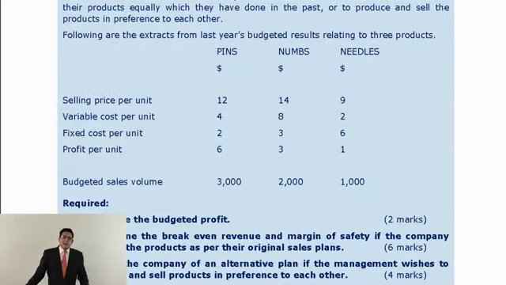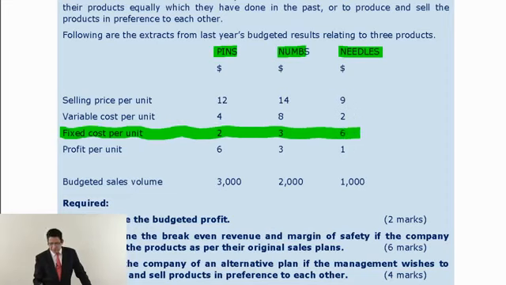Following are extracts from last year's budgeted results relating to 3 products. So here are the budgeted results for the 3 products. Selling price is given, variable costs given, fixed cost per unit given, profit per unit given. Hold on a moment. Here we are given fixed cost per unit.